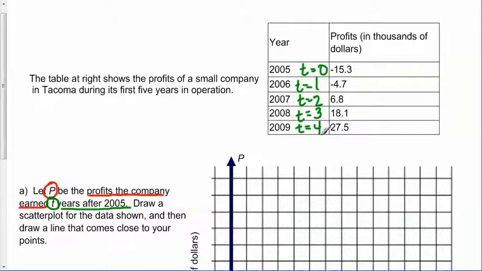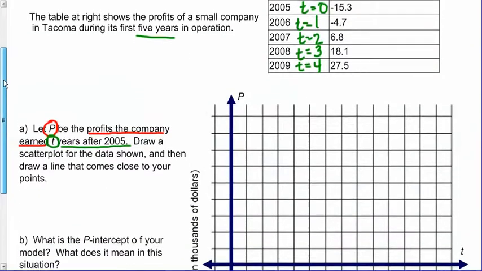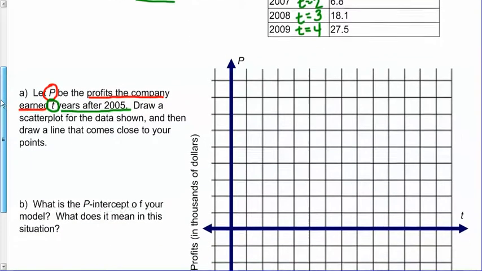Okay. And notice that it says over here the first 5 years of operation, but that first year we're considering the 0 year. So that's something to keep in mind with this sort of problem. So given this information, if we read this carefully, we can go ahead and get the information onto our coordinate system.